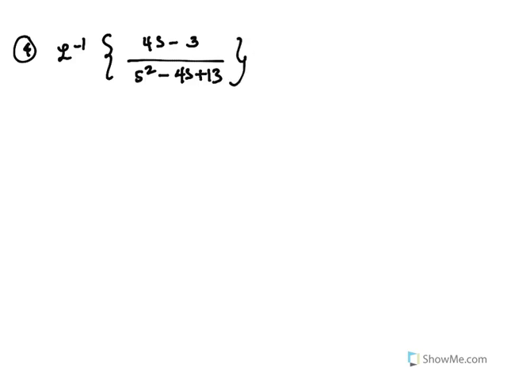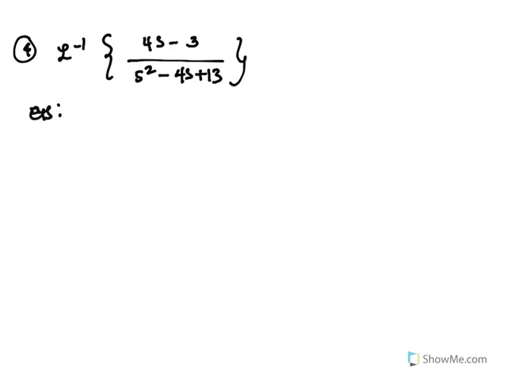Okay, so let's have another one using completing the square. So let's have the inverse Laplace of 4s minus 3 all over s squared minus 4s plus 13. With this, you complete the square first of the denominator.